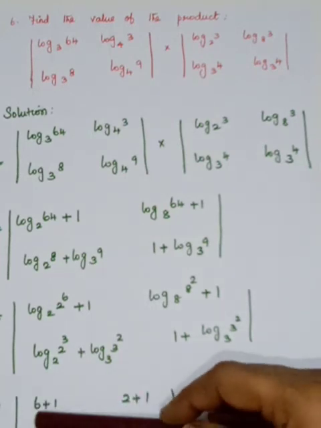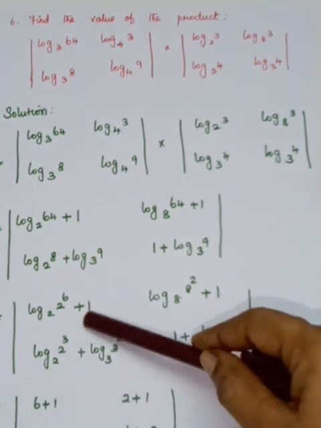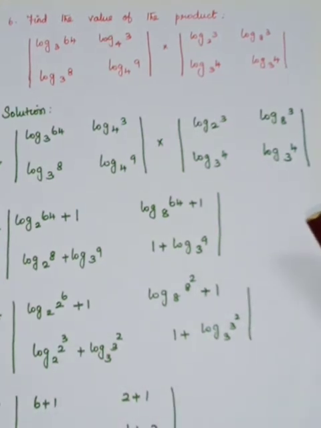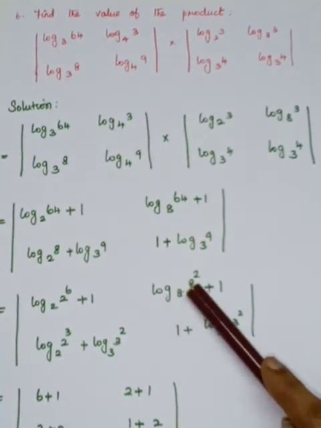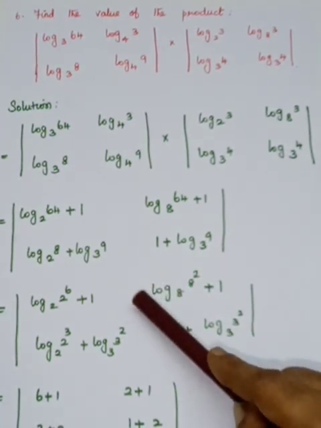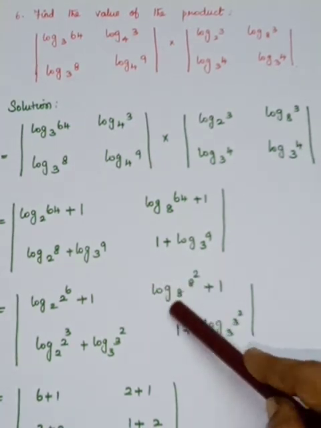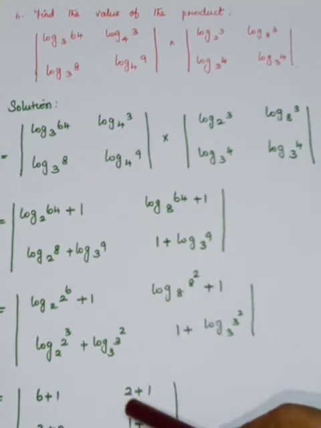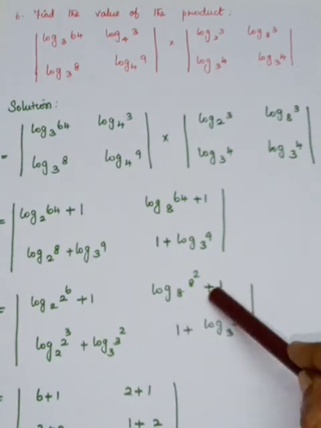So therefore 6 into 1 is 6 plus this one. In the same way here also, log a power m, so the m will come to the front, 2 into log 8 to the base 8. Log 8 to the base 8 is 1. So 2 into 1 is 2 plus this one.